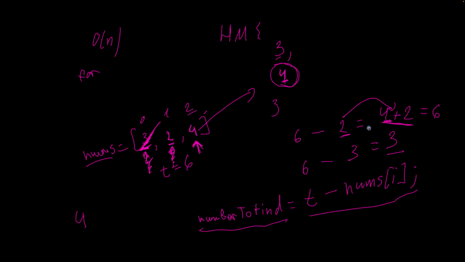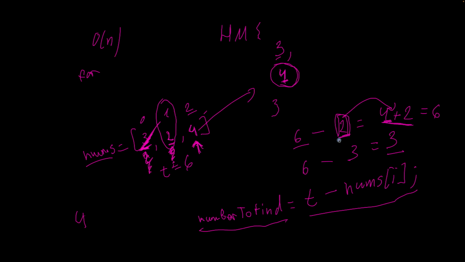So by this technique, we will know when we have the answer, because in this iteration, when we are standing at index 1, we have calculated the target minus the current number, and the current number is 2, so this is the answer.